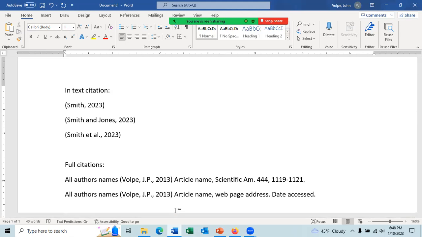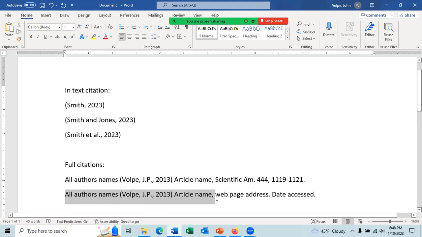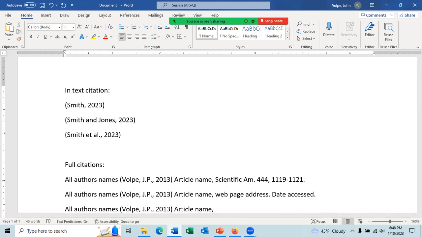All right, if it's a book, you give all the authors' names, the article name, the book name, the book editor, the book publisher, and that's usually a company, and then the city that it's published in.